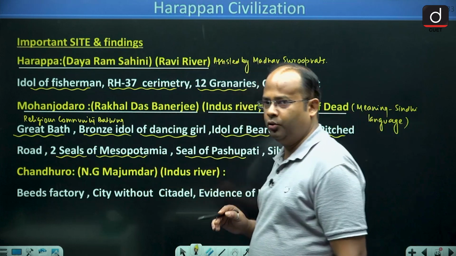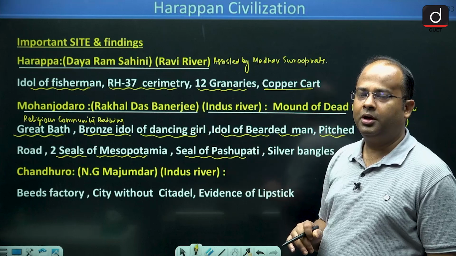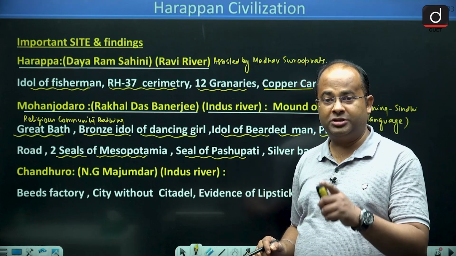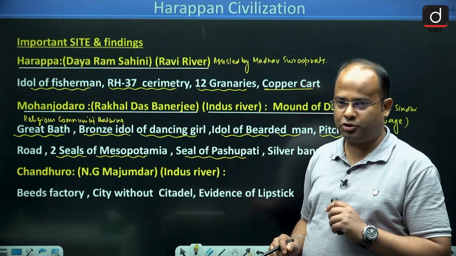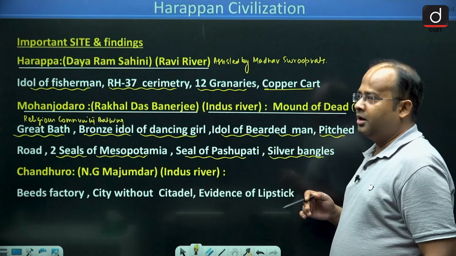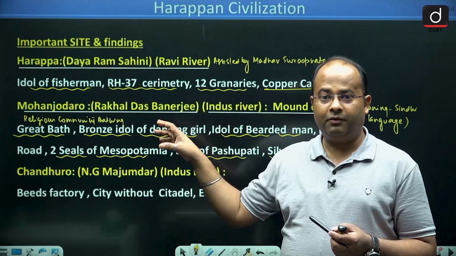I have told you how we come to know about Pashupati: it was through the seals found in Mohenjodaro. The two seals of Mesopotamia show that they had trade relations with Mesopotamians. And silver bangles, bangles made of silver, which symbolize that they were fond of jewelry, gold and silver.